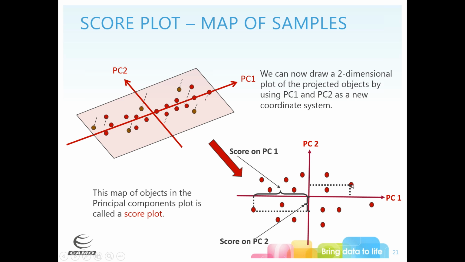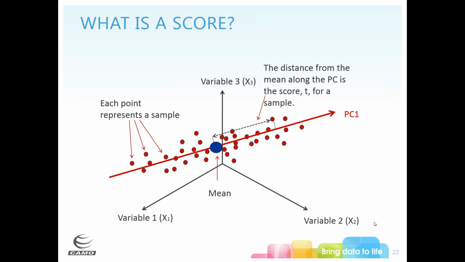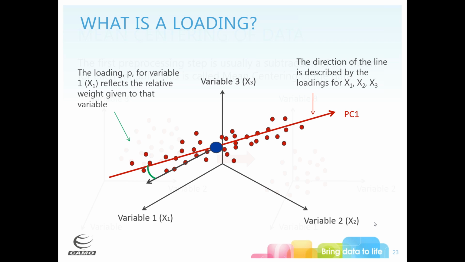That's the score for that particular data on PC1. So as I said, what is a score? It is the distance from the mean along the PC that that data point is. And each point is a sample. A loading is how much each individual variable contributes to that principal component.